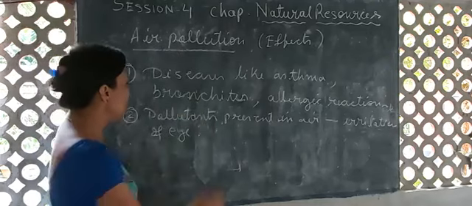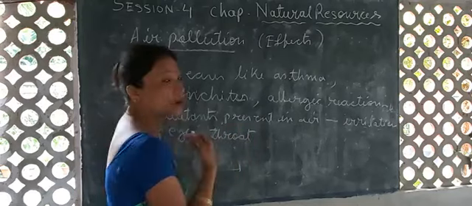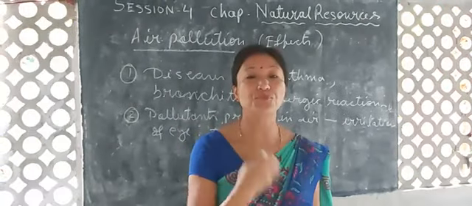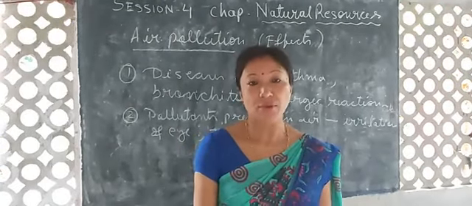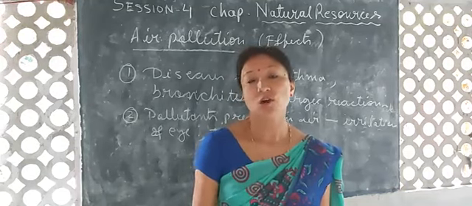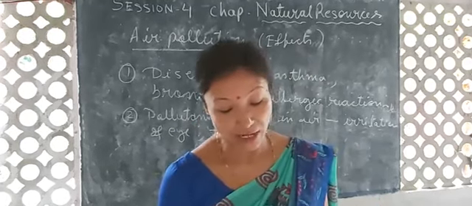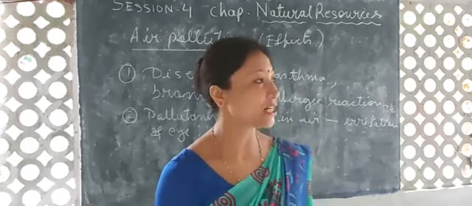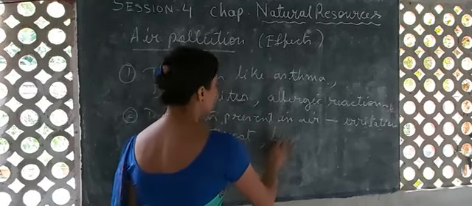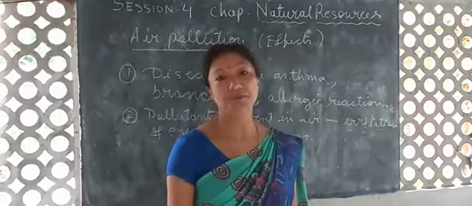Also we have throat problems. When we are inhaling the polluted air, then not only the eye related problem or irritation of eye arises, we also have problems related to throat, related to lungs.